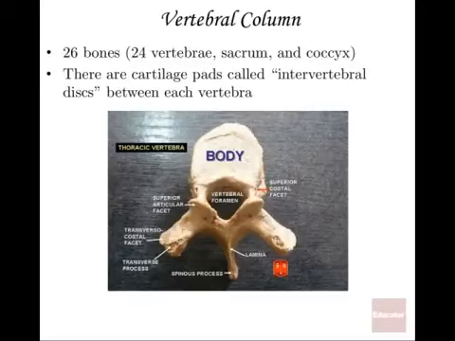The transverse processes is the last one I'm going to mention. They say transverse because it comes out kind of horizontally, and that is where the back of the ribs fit into each of those backbones or vertebrae. There's a little well, or fossa, that fits very well with a little condyle, a little protruding part on the ribs.